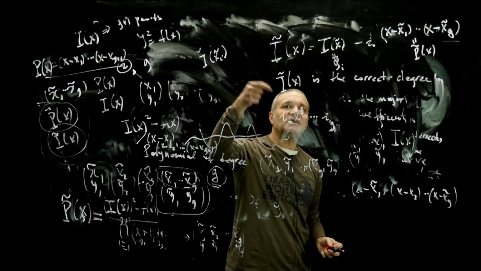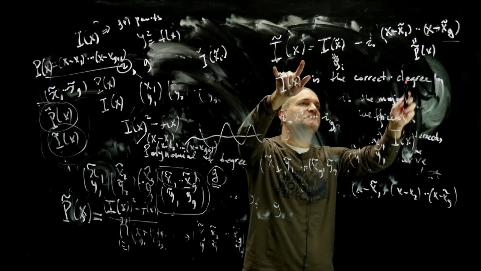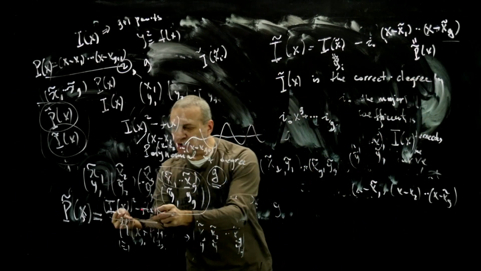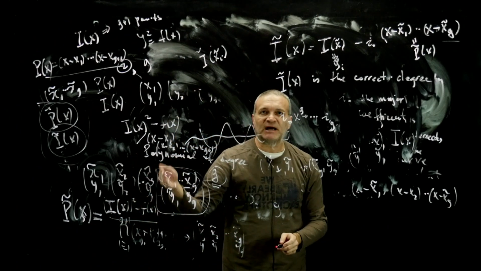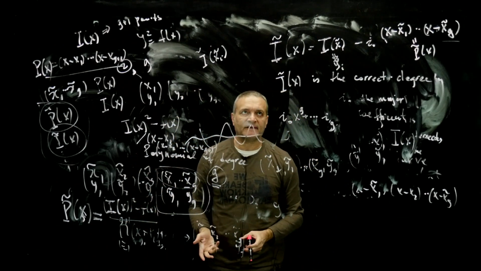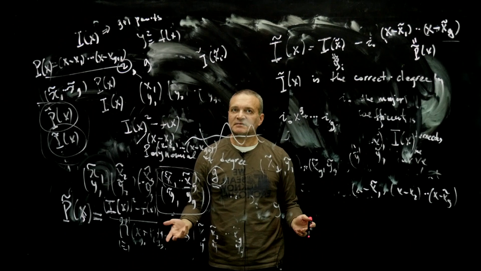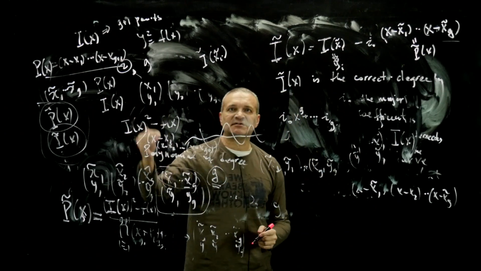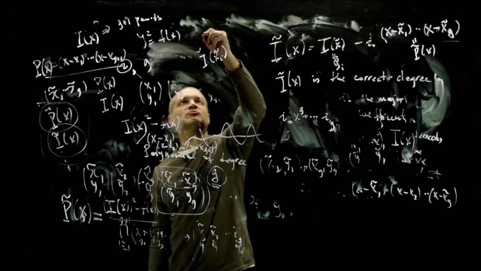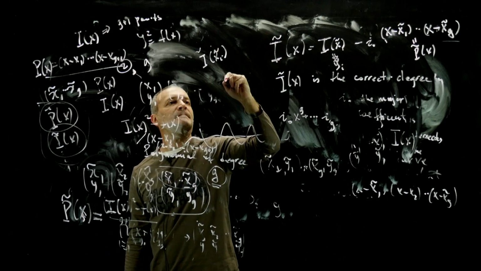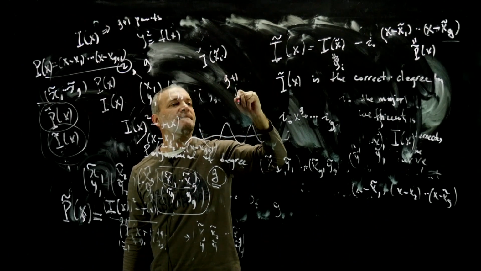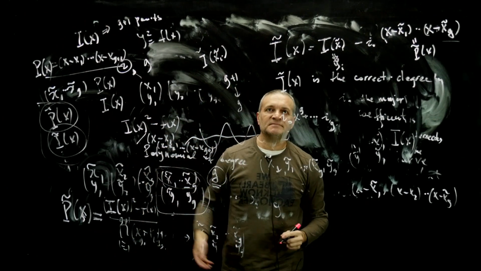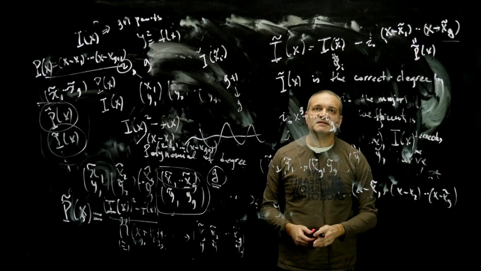So I can produce I tilde x and p tilde x without knowing the roots x1 tilde through xg tilde. That's it, right? So I actually did this reduction from g plus 1 to g. The first step. I'm actually done.